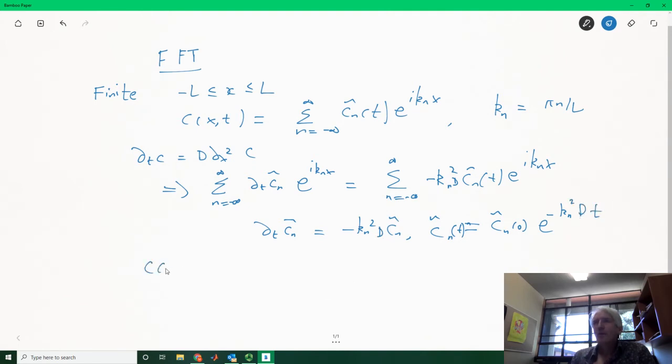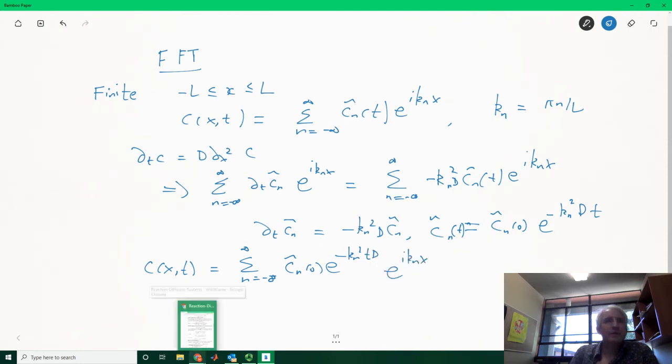Okay, so therefore we've got this expression for the solution, e to the minus k_n squared D t times e to the I k_n x. So that's the solution to the equation.